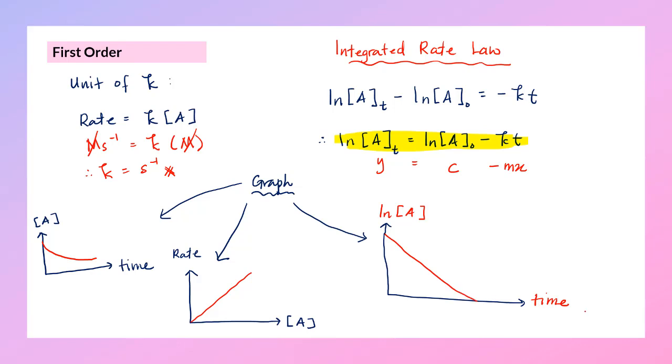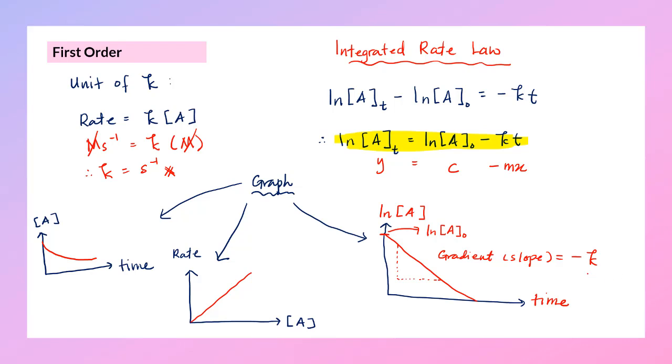Here C is ln initial concentration of A, and from the graph we can determine the gradient, where the gradient or slope of the graph is equal to negative k.